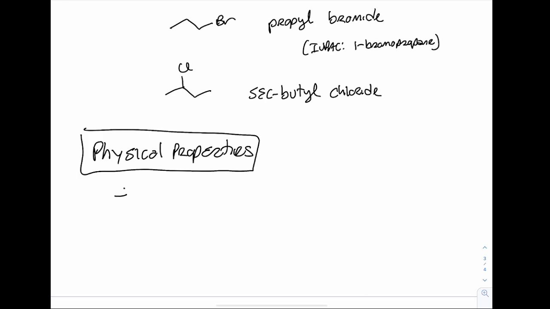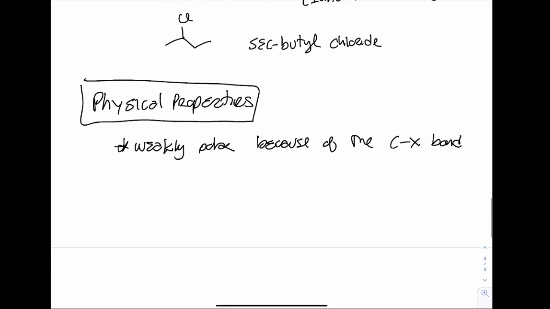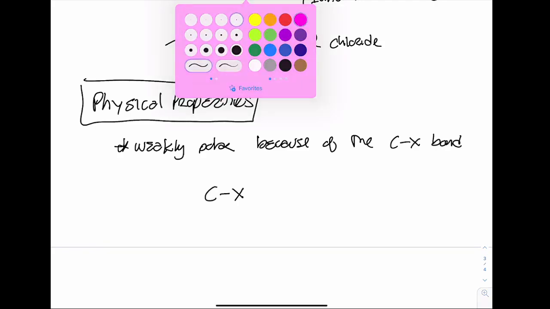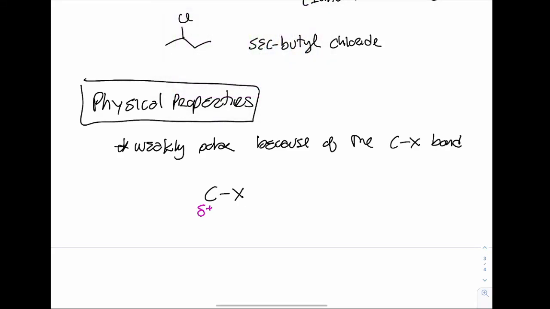So weakly polar, because of the carbon-halogen bond. My carbon is less electronegative than most of my halogens. So it is partial positive, my halogen partial negative. It's more electronegative, and those electrons are being pulled towards that halogen.